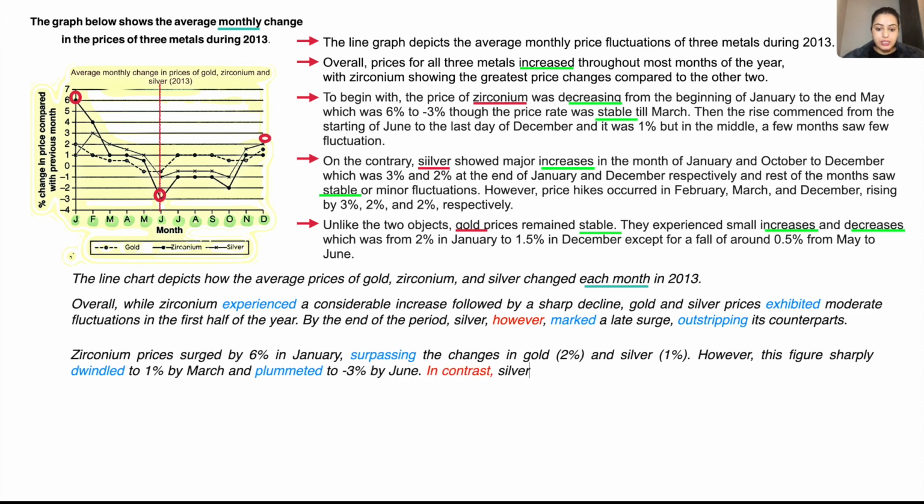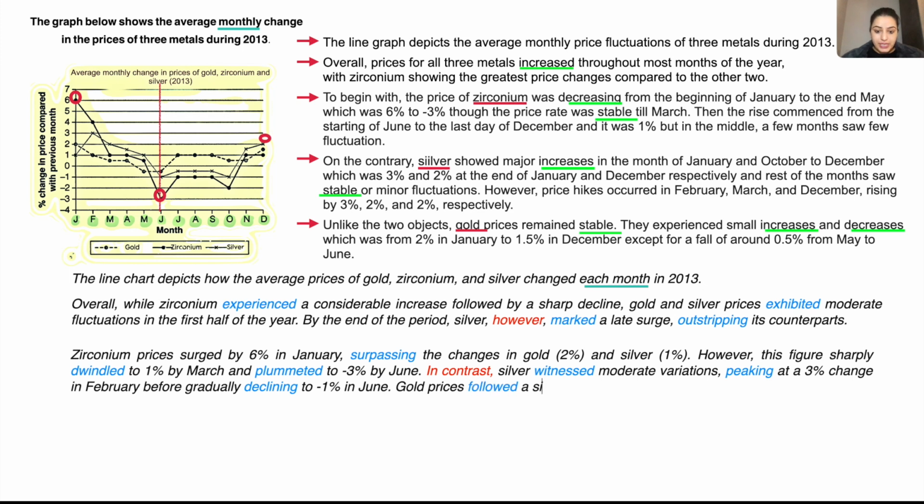In contrast, silver witnessed moderate variations, peaking at a 3% change in February before gradually declining to -1% in June. Gold prices followed a similar declining trend, ranging from 1% to 0.5%.